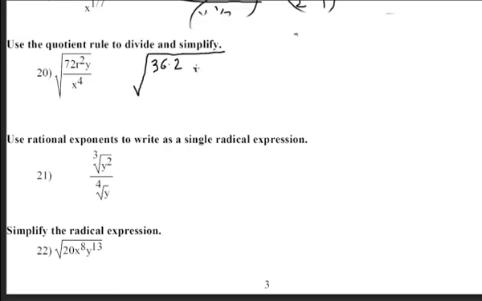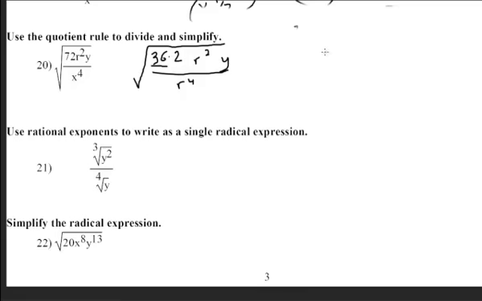You can square root an r squared. You can't square root a y. You can square root an r fourth. So what comes out? Square root of 36, 6. R squared becomes an r. R fourth becomes an r squared. What you can't do is the 2 and the y. That stays inside. Okay?